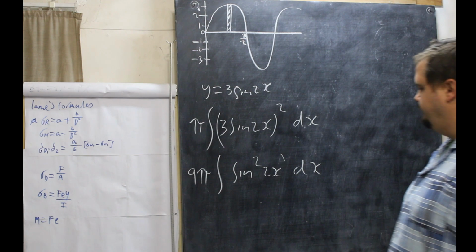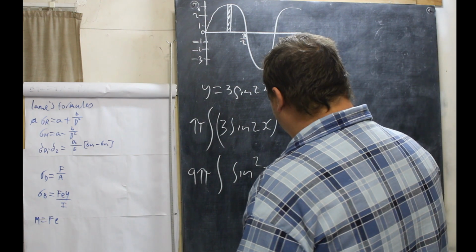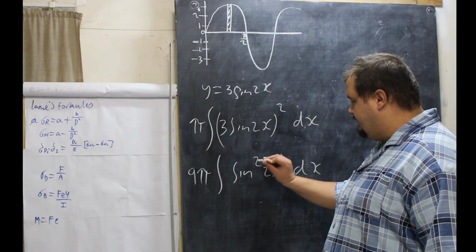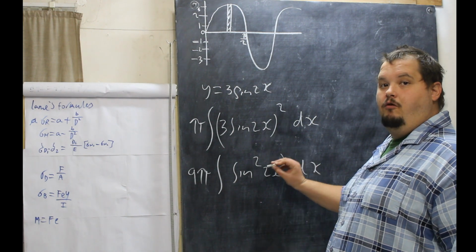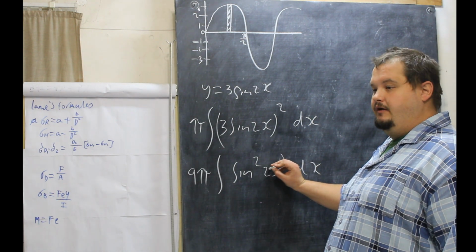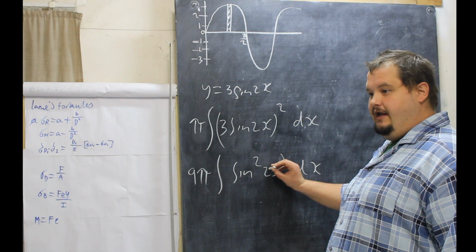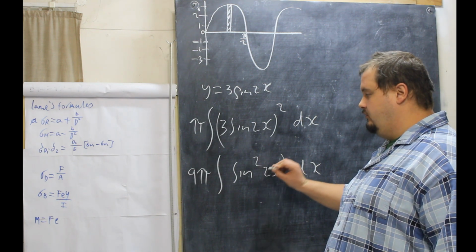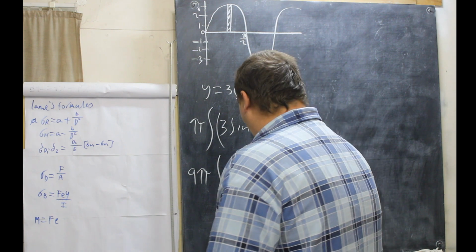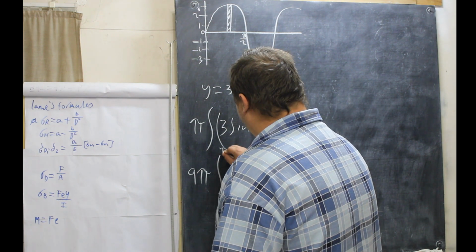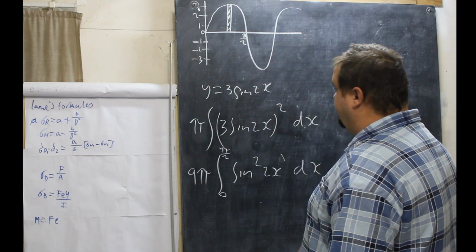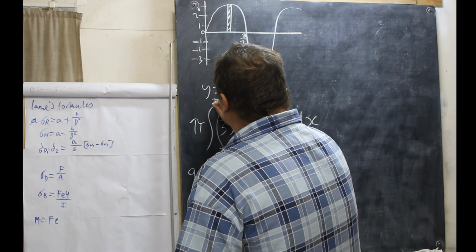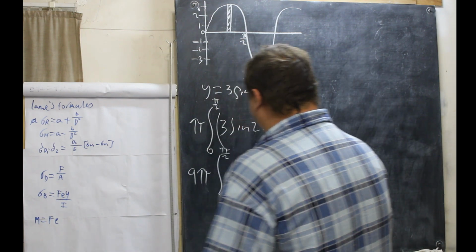Alright, so now the integral of sine squared ax is in your formula sheet. If you look at your formula sheet very carefully, you will find the integral to this. Also, our limits are pi over 2 and 0.